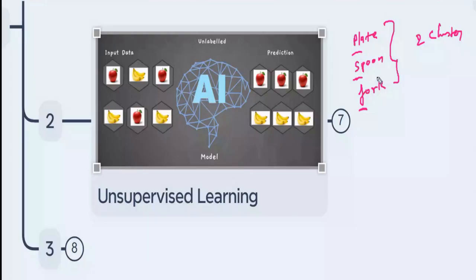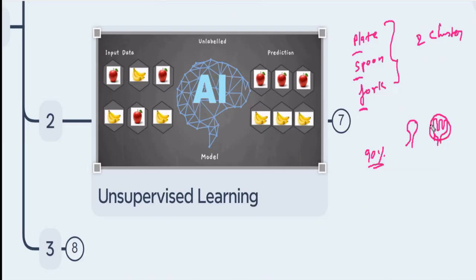As humans, we know that the spoon image is different and the fork image is different. But as per the machine, there is 90% similarity between a spoon image and a fork image. Only the head portion is going to change. In the spoon, the head portion is oval shaped, and in the fork, spikes will be there. So there is a very high possibility that it can detect the fork image also as a spoon image.